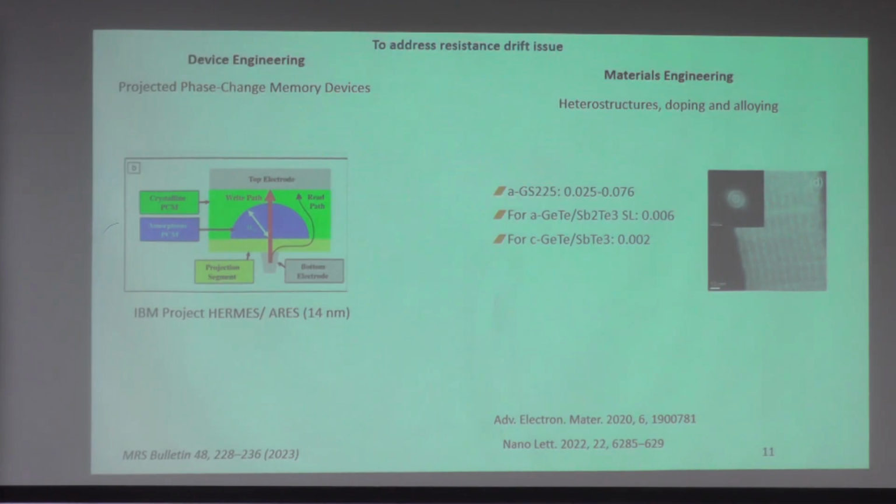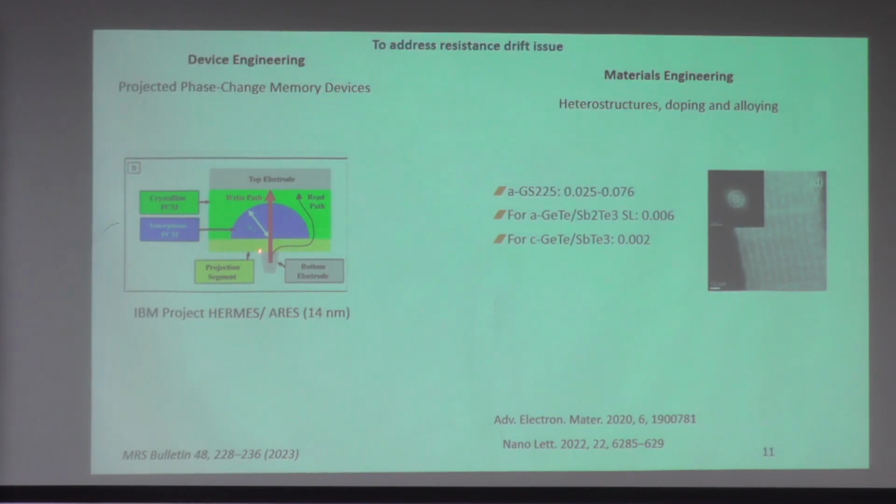And then during amorphization, you induce amorphization in your cell, so you have two parts, an amorphous and a crystalline part. And then this is the bottom electrode, and you want to measure the resistance of this state. So you allow the current to flow here, but if it meets the amorphous phase, it does not go through it.